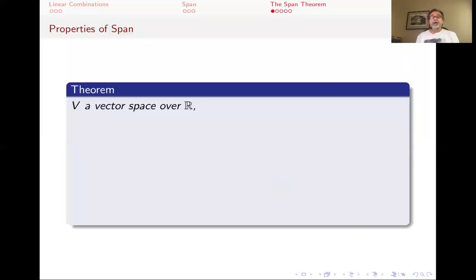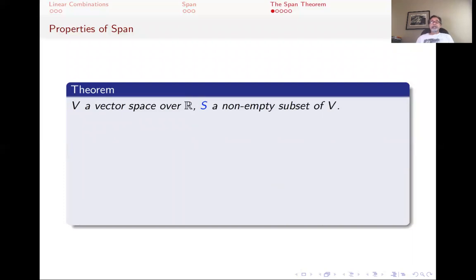Okay, now we want to state and then argue and give a proof of this theorem, the span theorem, the theorem that tells us about span. Why is it that we're interested in the span? You start with a set, you make this span.